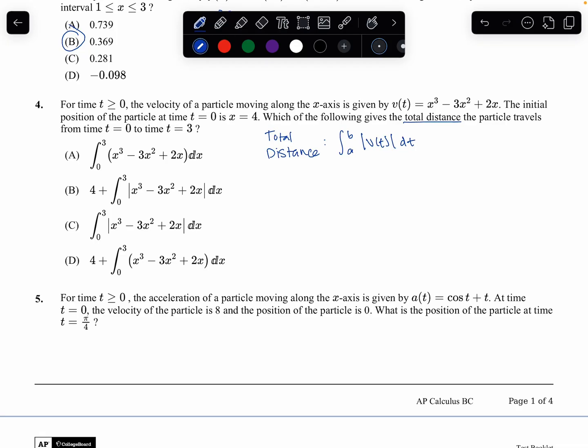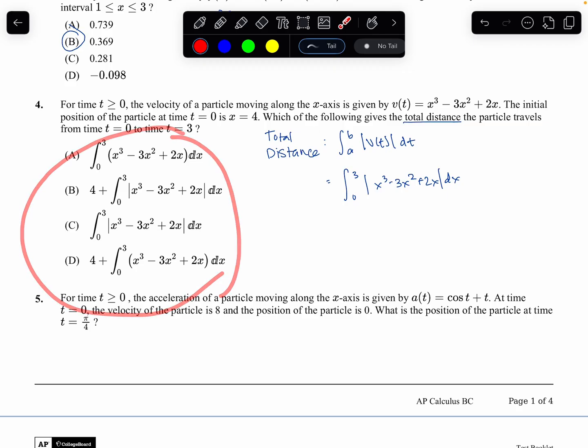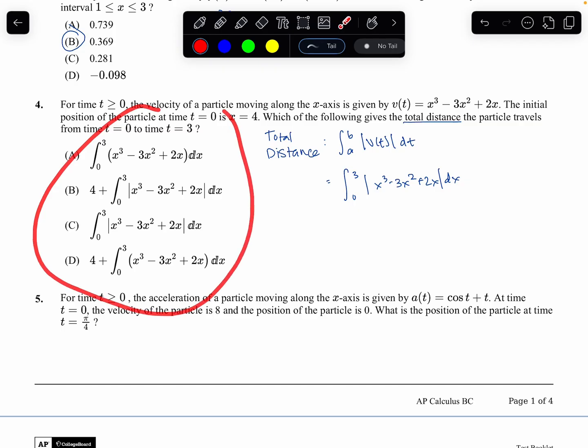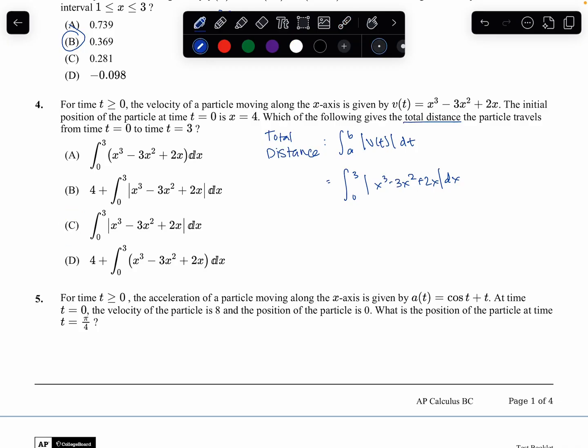So we're saying here the integral from t equals 0 to t equals 3 of the absolute value of x to the third minus 3x squared plus 2x dx. Okay, so we don't actually have to solve it. I was thinking that. Okay, so which of these matches that right there? And I think it's C right here.